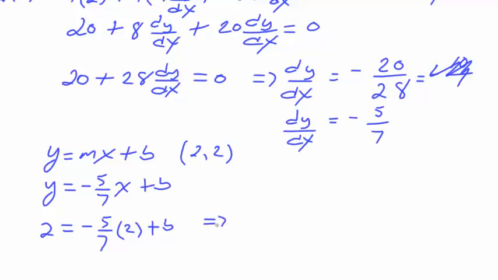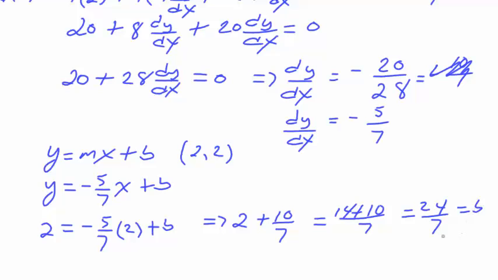Let's bring this over to the right hand side. So we have 2 plus 10/7, which as a single fraction is 14 plus 10 over 7, and that is 24/7. So finally that's our b right there.